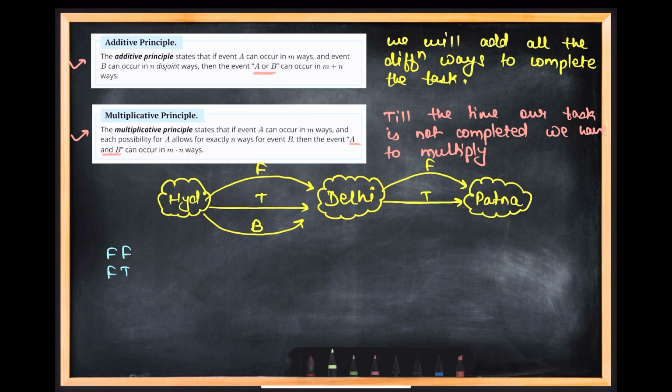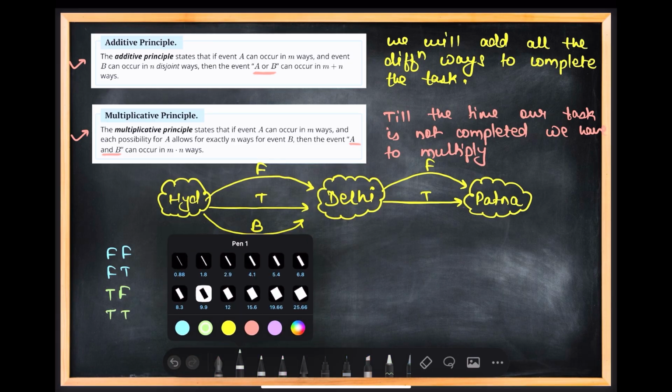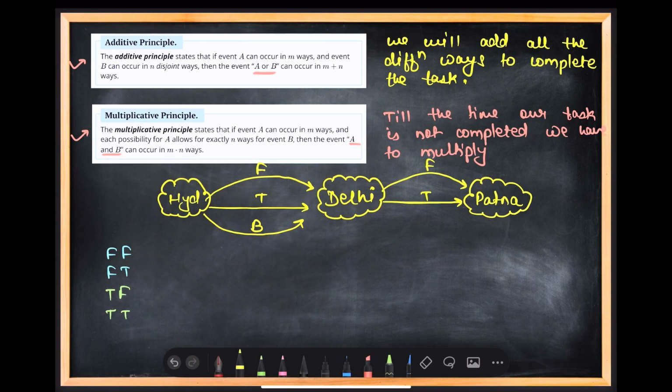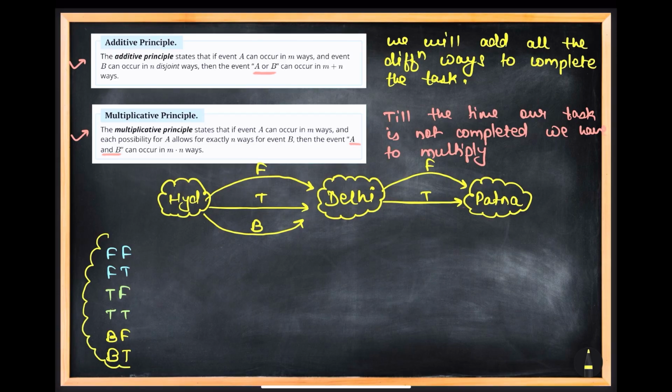Can I go via train, flight? Train, train? This is also another way. Can I go via bus, flight? Bus, train? So add all the ways: first way flight, flight, second way flight, train. This way we got the answer as 6. So there are 6 ways to complete this task, correct? So by using addition you have solved this question.